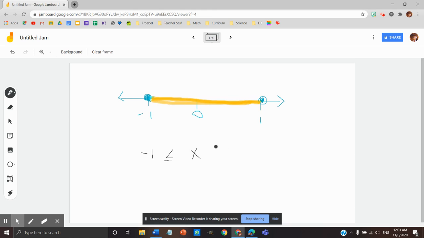And x is also less than or equal to positive 1. And that will be my answer.